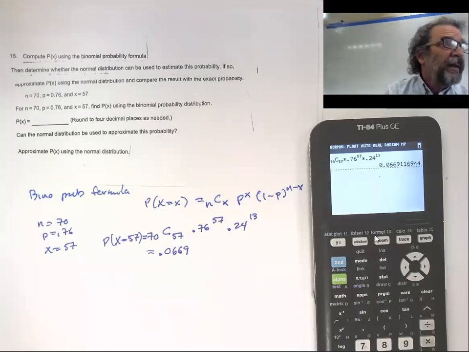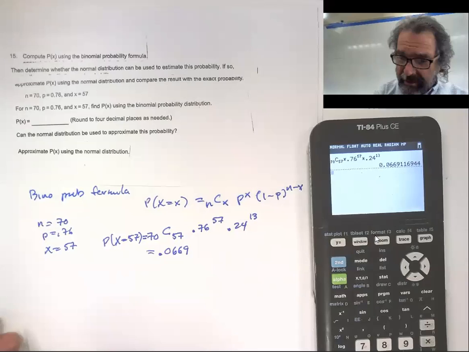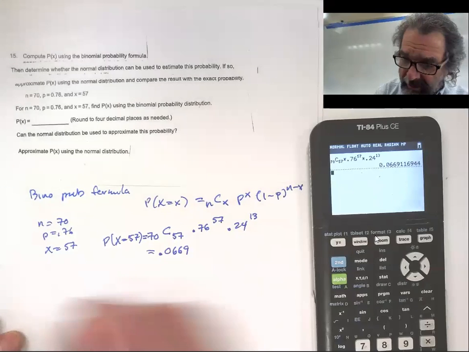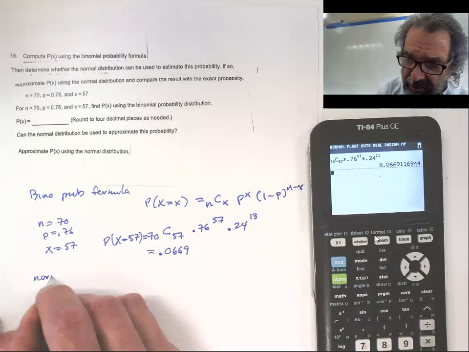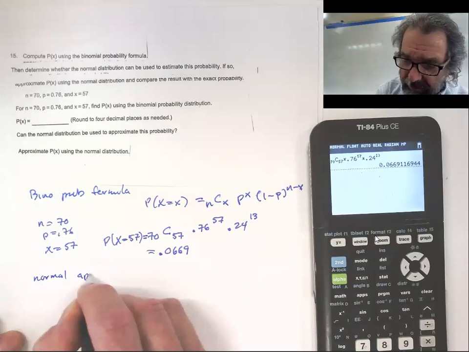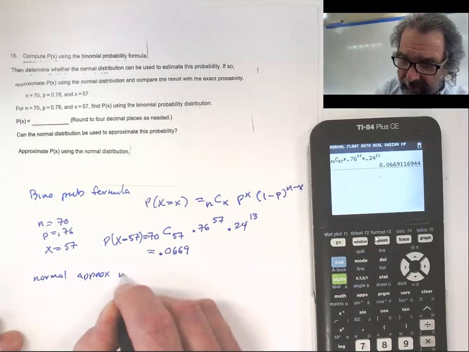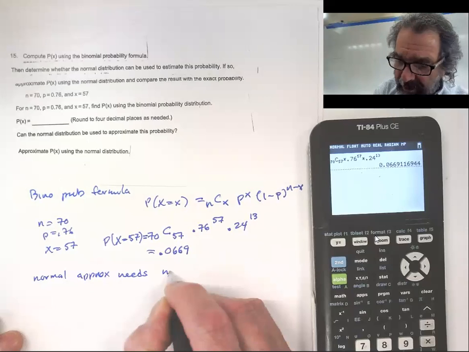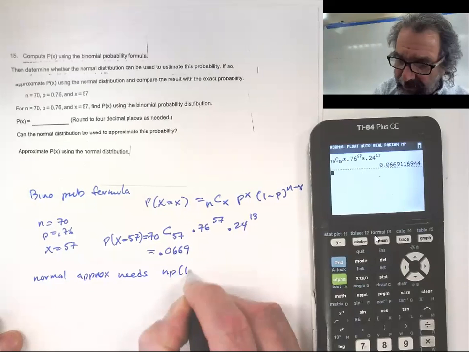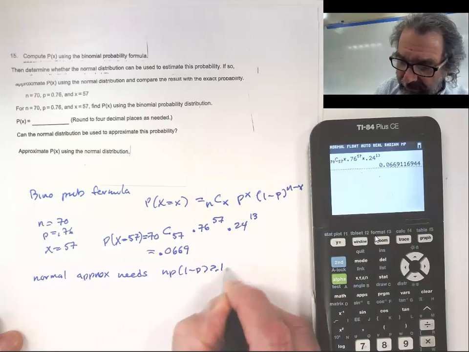It says, find, can the normal distribution be used to approximate this probability? For the normal approximation, you have to have NP times 1 minus P at least 10. So we'll try that out.